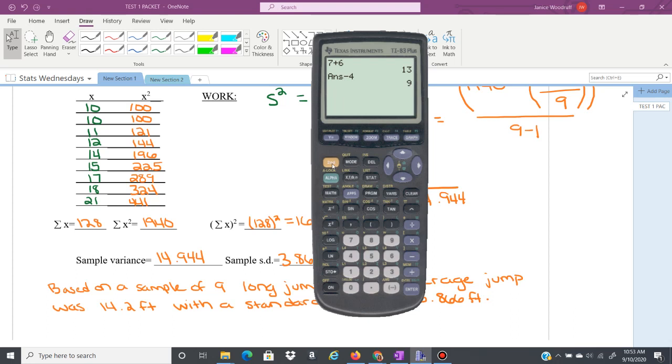You do second square root, and then the answer to pull it down is right here above the negative sign. So you would do second negative, ANS, and then enter. It will do whatever operation you tell it to from your previous answer. It pulls whatever the line above it is.